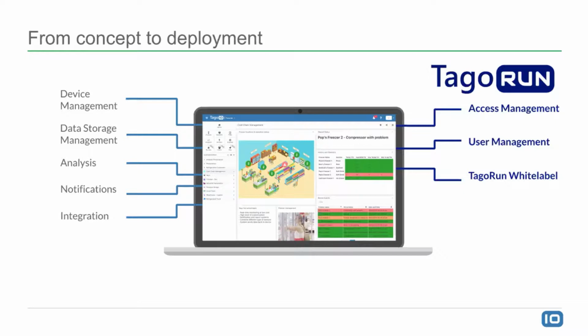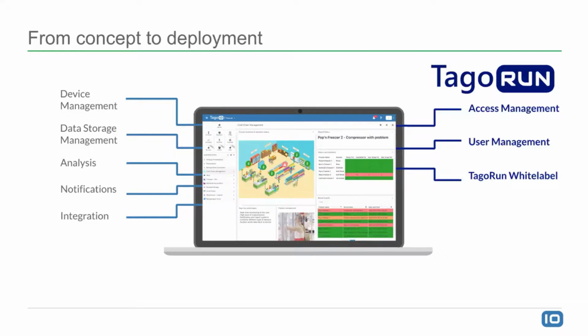For example, if you are developing an application for asset tracking, you may have 10 customers, and these 10 customers may have 100 users each. So you talk about 1,000 users at the end of the day. You can define here the policies, that's basically rules, to define who is going to access what. That's done under the TagoRUN model.